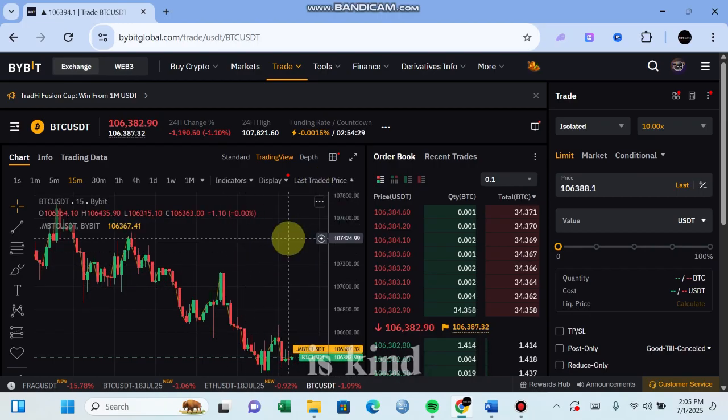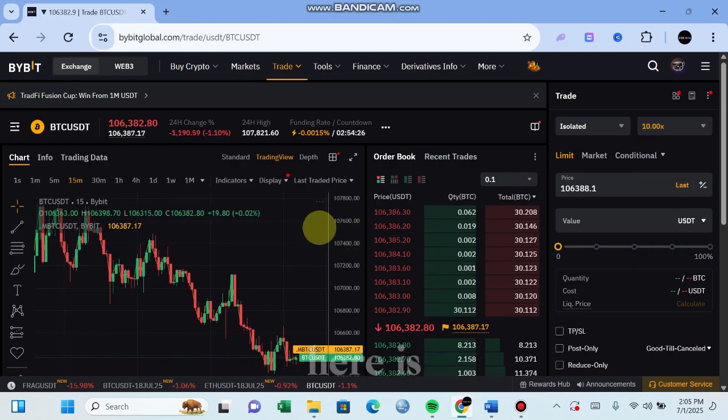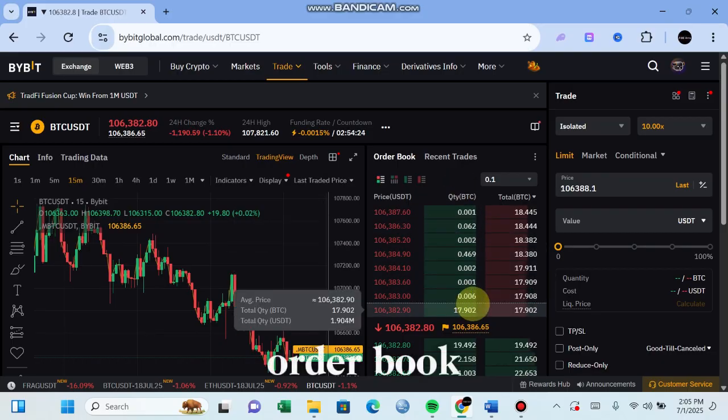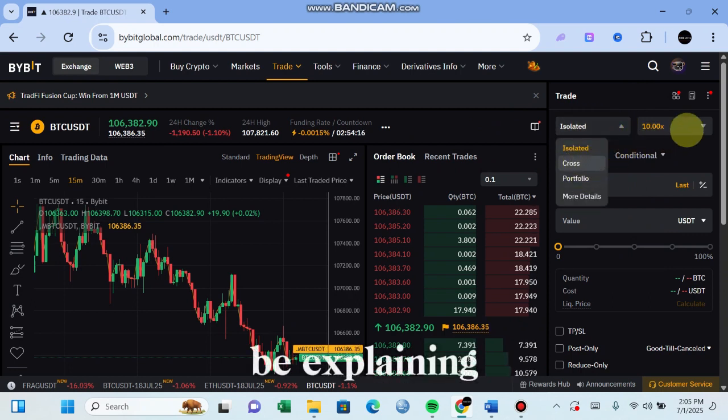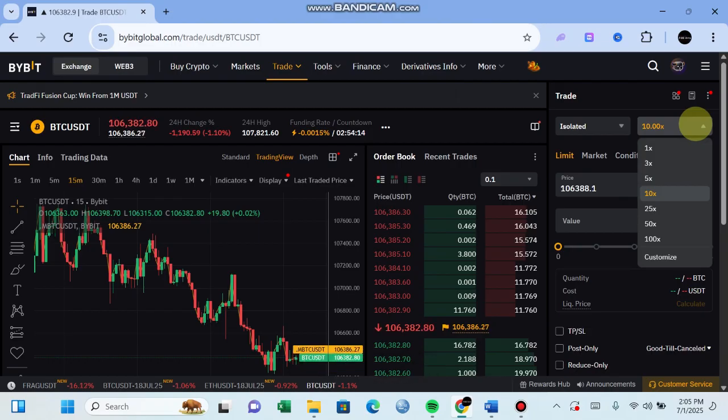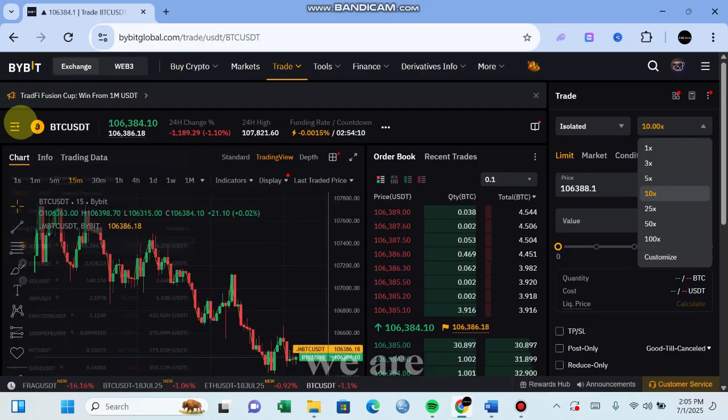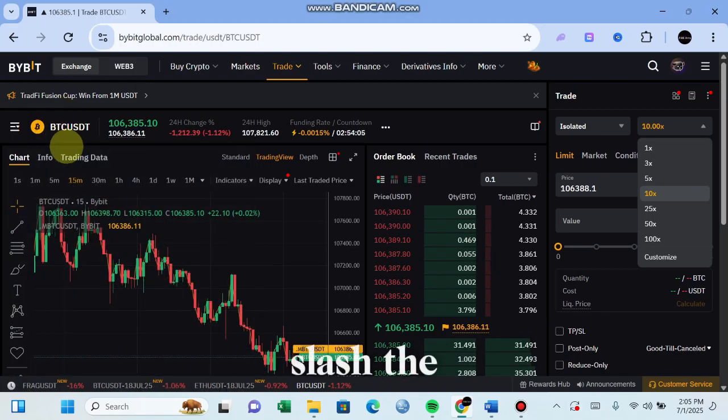Also, the interface is kind of similar to that of spot trading. Here is the chart, the order book is where you place your trade, and we have isolated and cross, which I'll be explaining. And here's where you choose your leverage. If you observe, when we were doing spot trading, this is the trading pair: you will see BTC, a slash, then USDT.